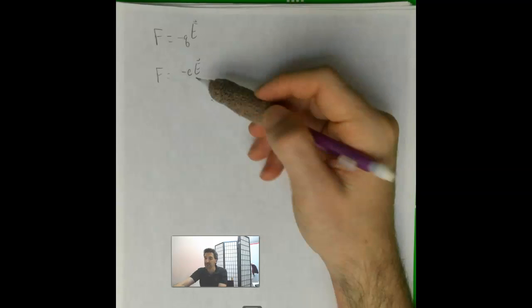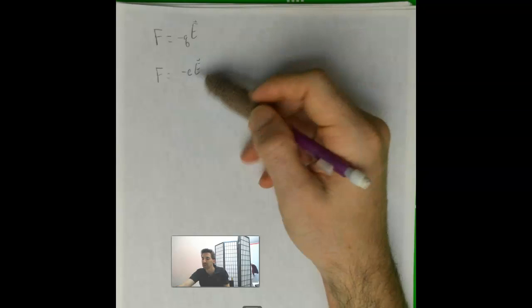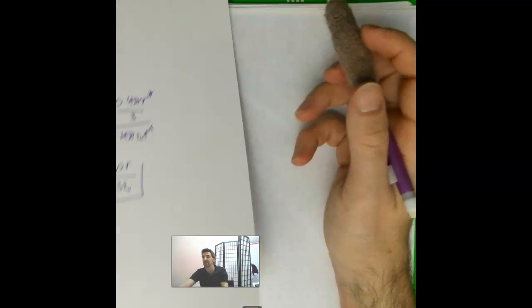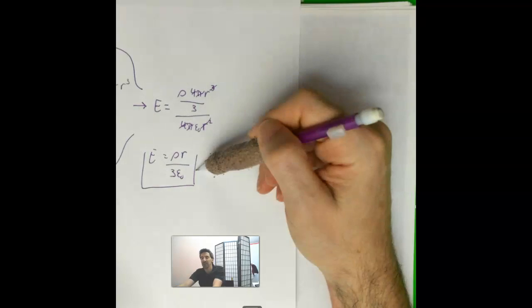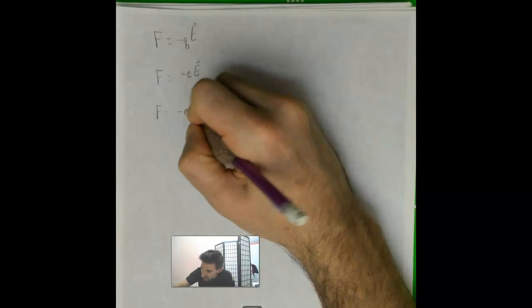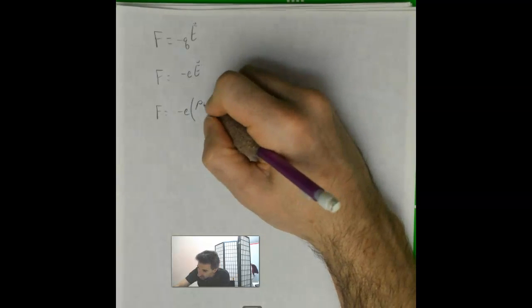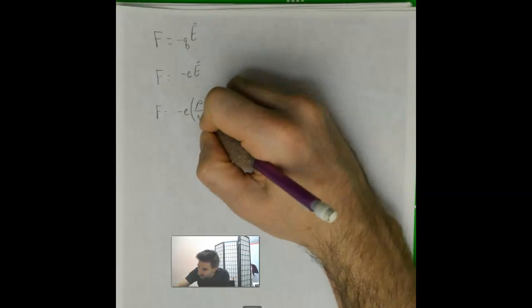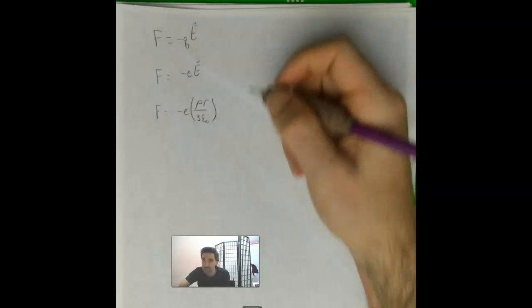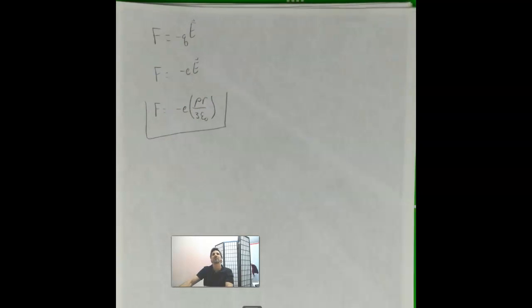And I can make a direct substitution for my electric field, what we just solved. So the force is negative charge times rho r over 3 times the permittivity, epsilon naught. And this is what I was going for.